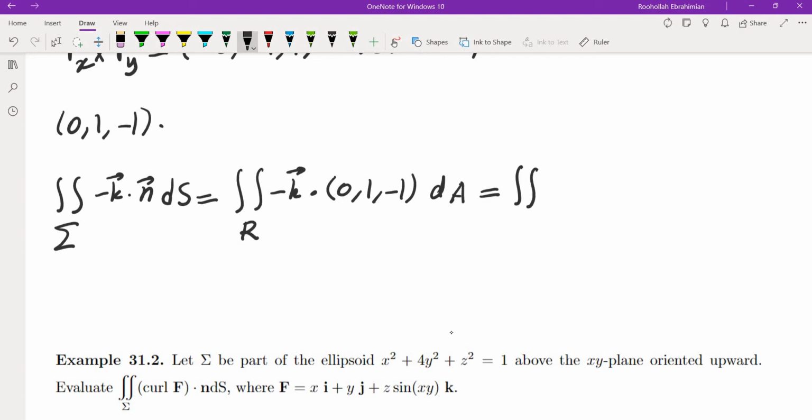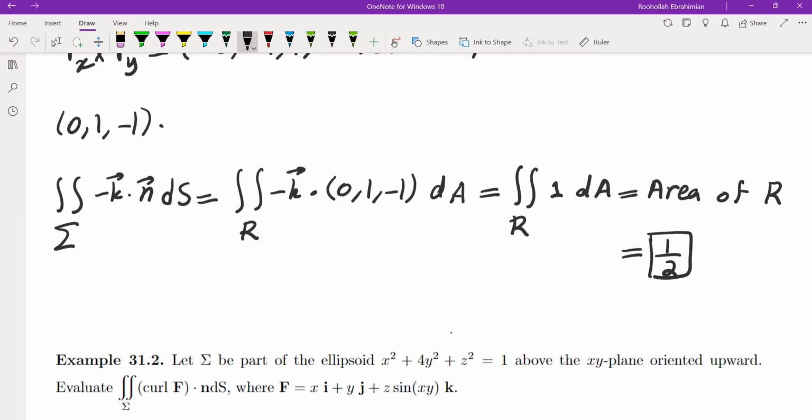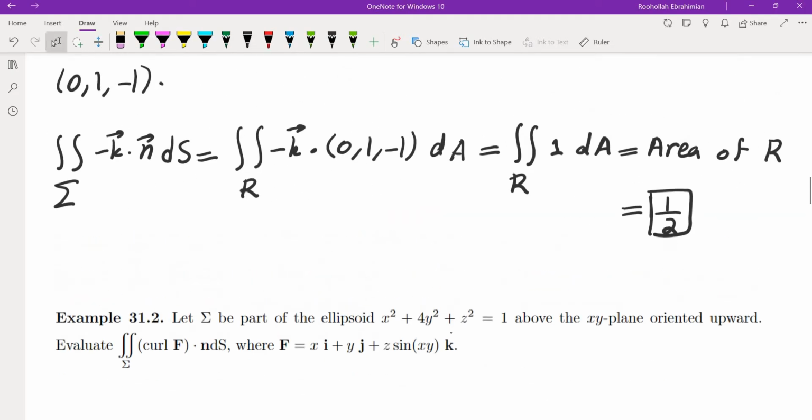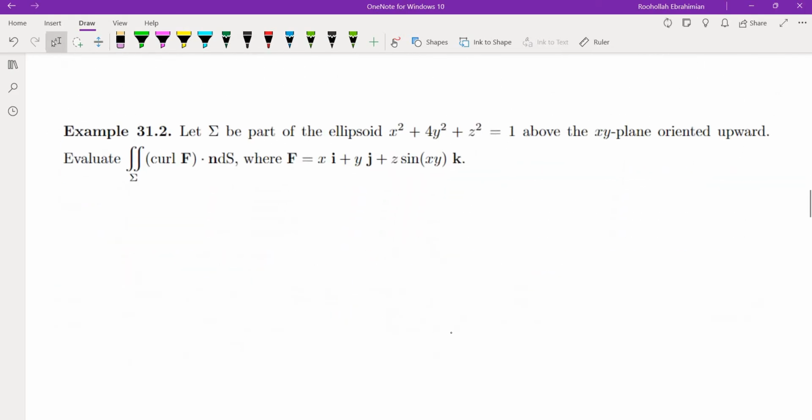Now the integrand is going to be the dot product of these two. The dot product of negative k and j minus k would be 1. So this would be the integral of 1 dA over R. And that's exactly the area. So this is the area of R. But R is a triangle. Base and height are both 1. So the area is 1/2. So that is our answer to this problem.